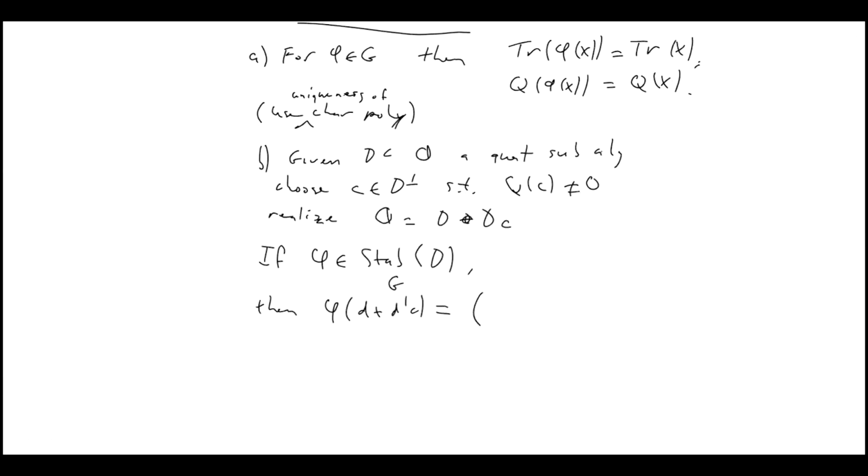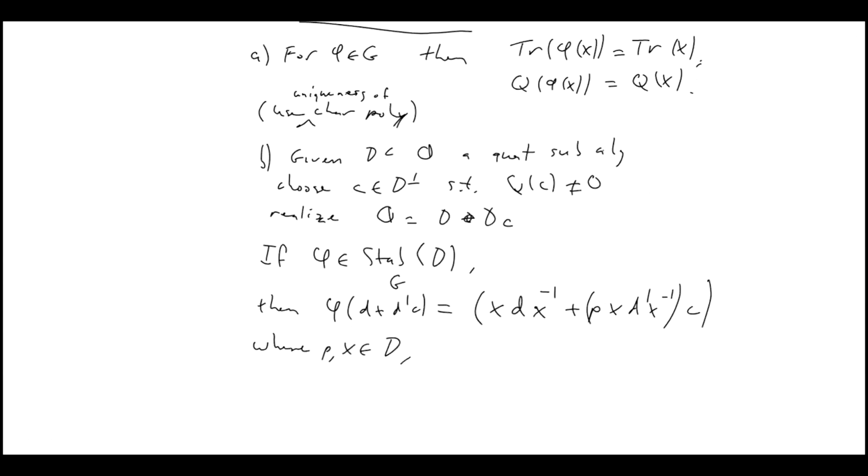Maybe I'll call this X. So X is some element of D, and so is P. So P and X are in D, and the quadratic form of P is 1.